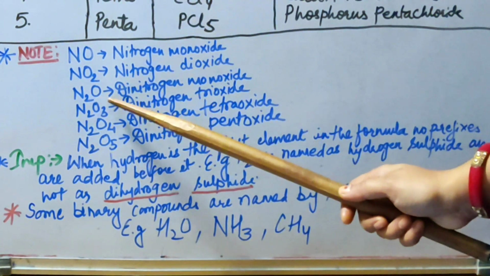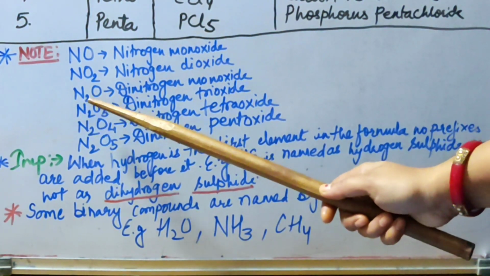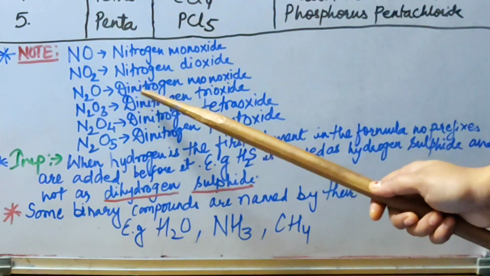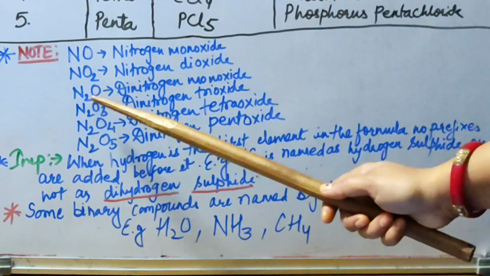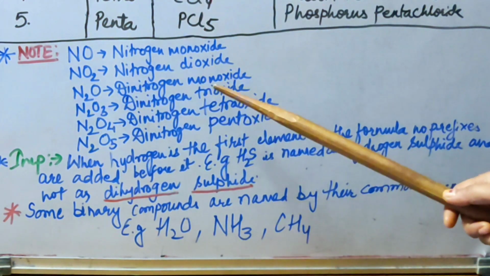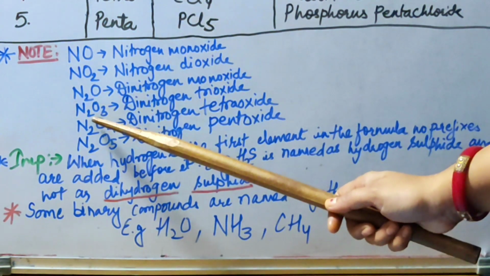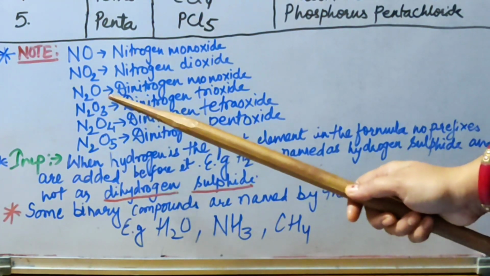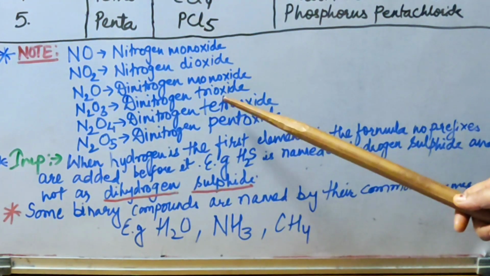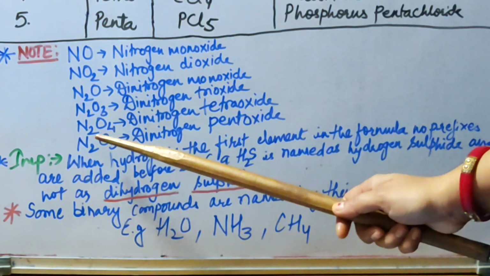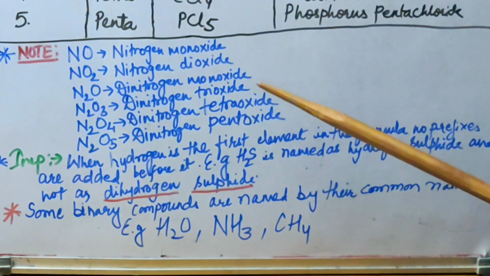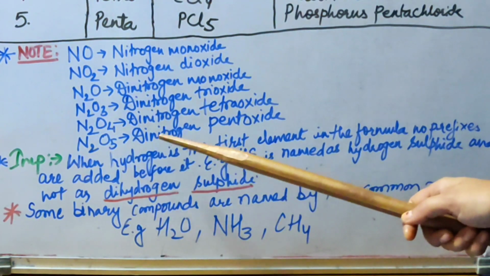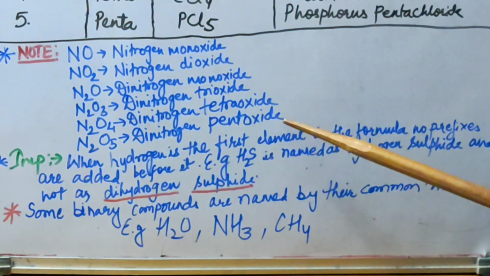If it is 1 oxygen but 2 nitrogen, you put di just before nitrogen, because 2 nitrogens are there, so dinitrogen monoxide. When 2 nitrogen and 3 oxygen are there, you write dinitrogen trioxide. When 2 nitrogen and 4 oxygen, dinitrogen tetraoxide. N2O5 is written as dinitrogen pentoxide.